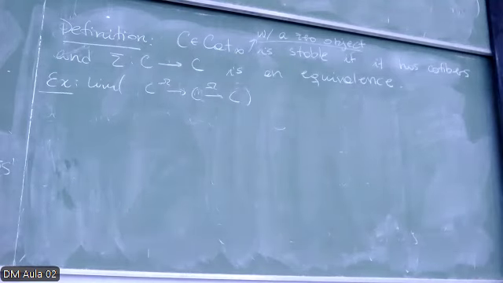There is a canonical map from X to the loop space of the suspension that you always get from the universal property. And it becomes an equivalence if your category is stable.